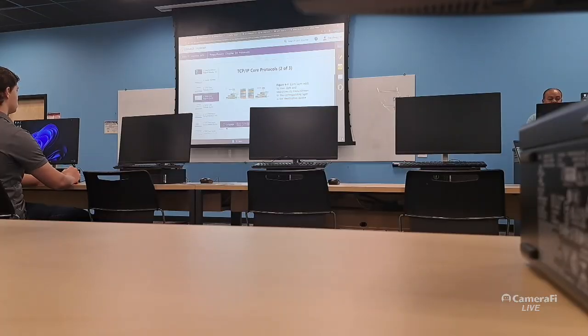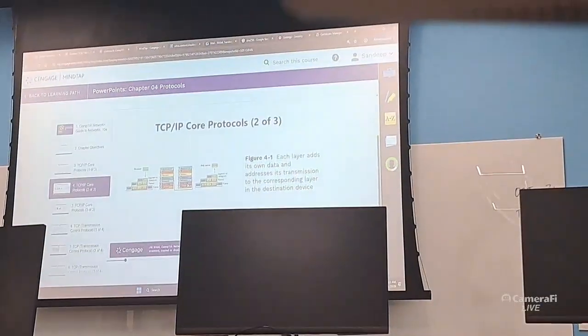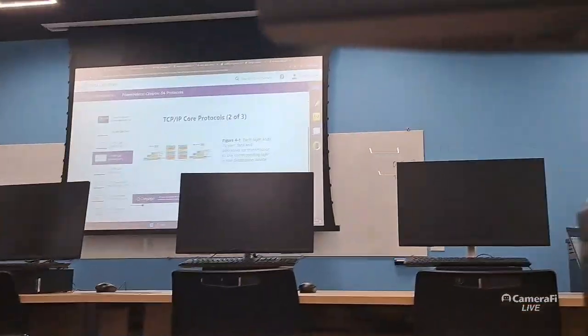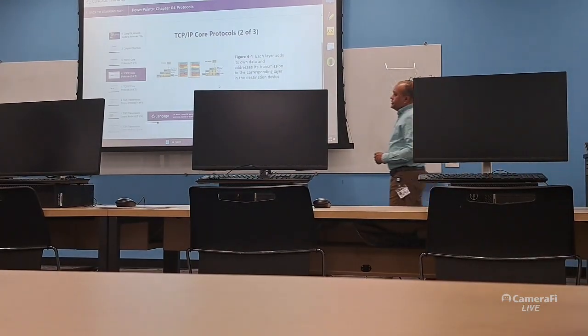So here is the example of TCP/IP versus OSI, what OSI does and what TCP/IP does, a side by side comparison. Now in these layers, how does the communication work?